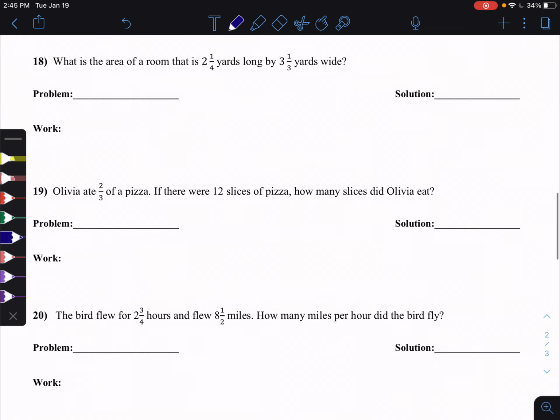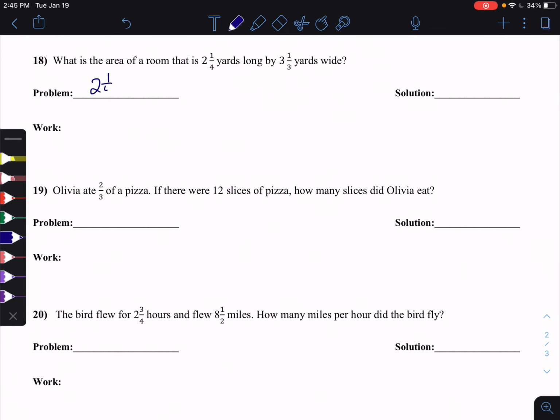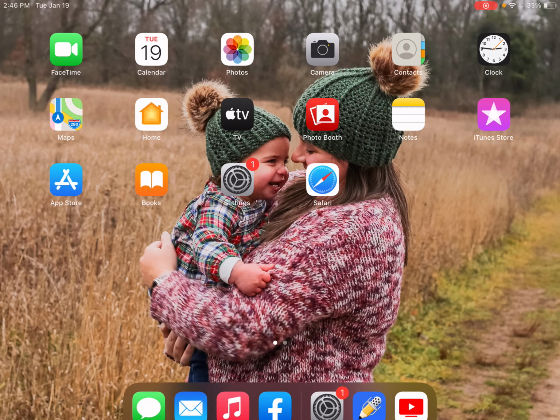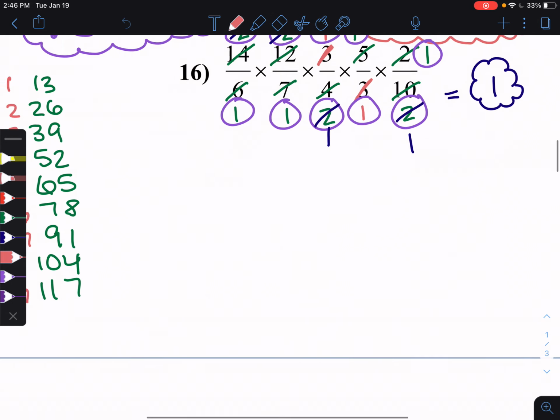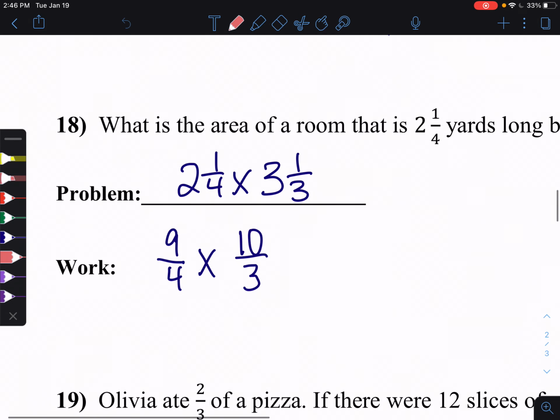Number 18 is an area question, so I'm going to be multiplying 2 1/4 times 3 1/3. I'm going to change each mixed number to an improper fraction. So 2 times 4 is 8 plus 1 is 9 over 4 times 3 times 3 is 9 plus 1 is 10 over 3. I can do some cross canceling on this one. 3 and 9 have a 3 in common. 4 and 10 have a 2 in common.